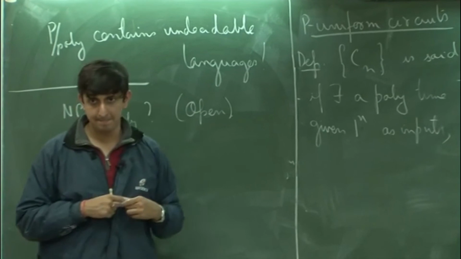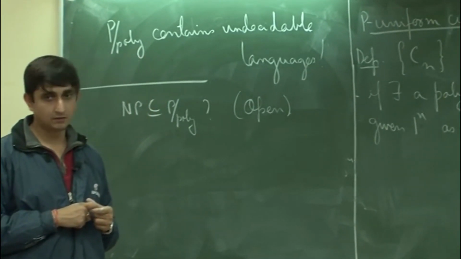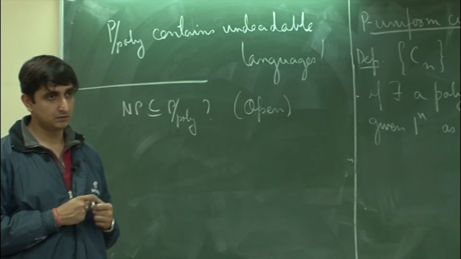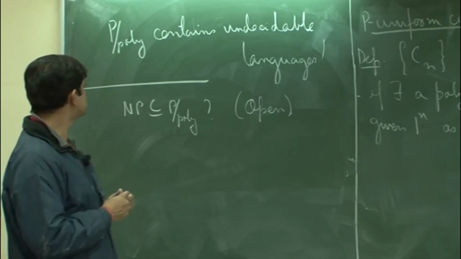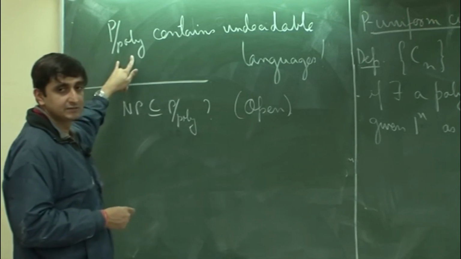Yeah. Sigma star, yes. This contains in particular an undecidable language. So what is the implication of that, that something contains an undecidable language? No, but this is a class of languages.